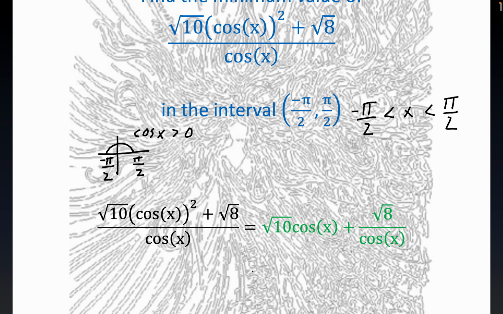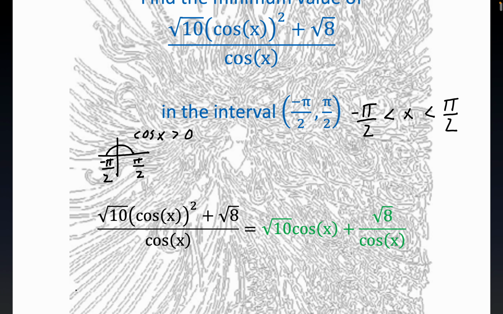Now, notice that since cosine x is strictly positive, we can cancel it. It's never equal to 0. We can cancel it and get this statement. This equivalent formulation of this quotient is very amenable to a very well-known identity called the geometric mean, arithmetic mean inequality.